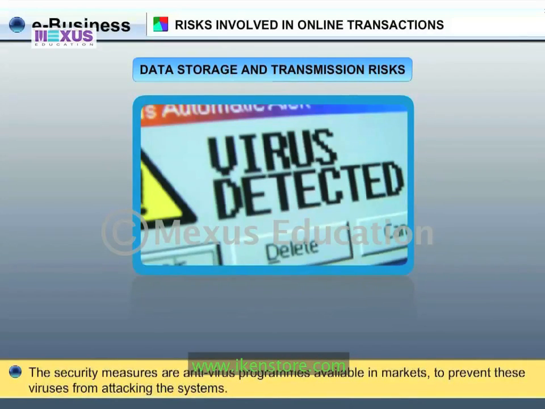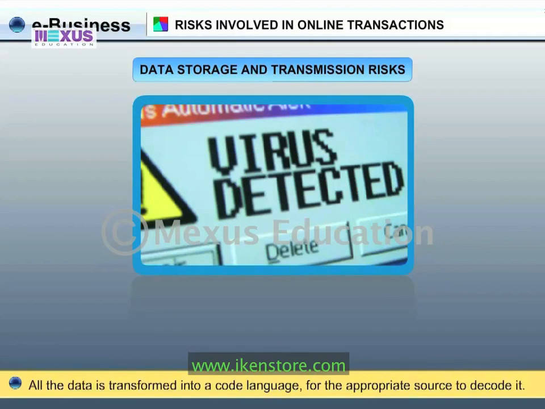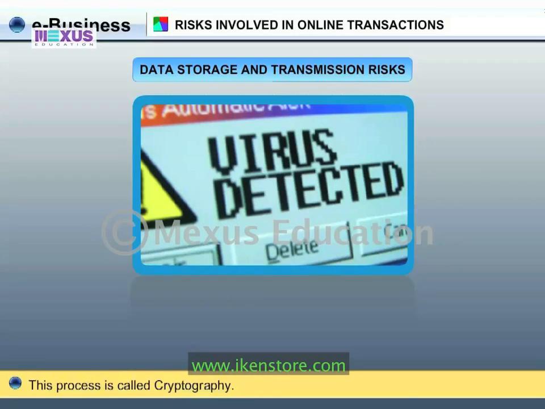The security measures are antivirus programs available in markets to prevent viruses from attacking the systems. All the data is transformed into a code language for the appropriate source to decode it. This process is also called cryptography.